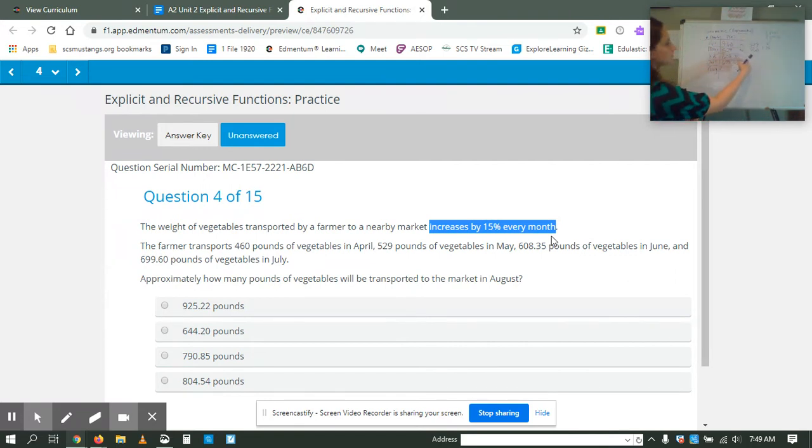So you can either go through and divide it out like that to find the 1.15, or you can remember what we used last lesson mixed with this in order to figure that out. So the way that you go from here to here is you're going to take that 699.60 and multiply it by that 1.15, and that will give you the 804.54 pounds that was transported in August.